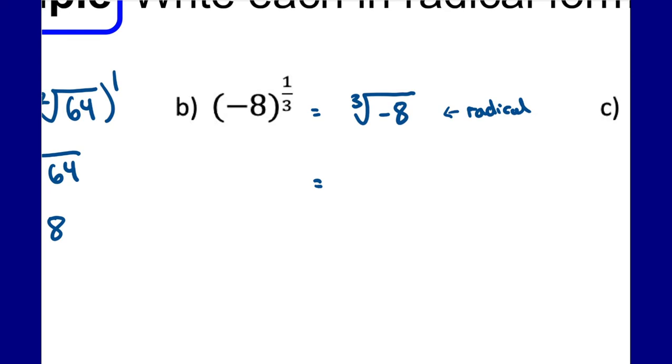And because I'm multiplying an odd number of negatives, it works out to a negative. So I can have a negative here, in which case the cubed root of negative 8 is actually negative 2.